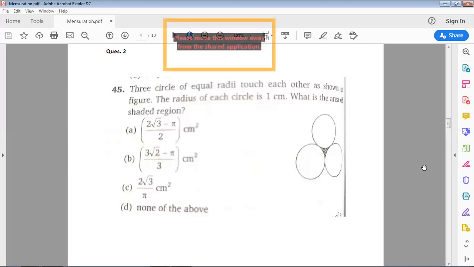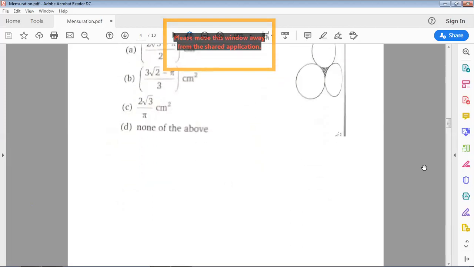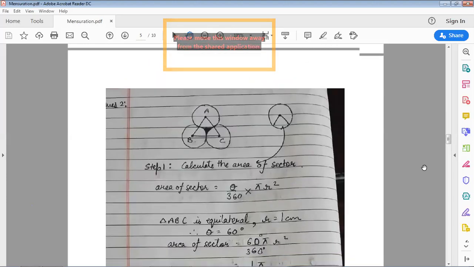This is one of the most important questions because you need to know the trick to solve this question. So no one wants me to repeat the solution. That's good for me.